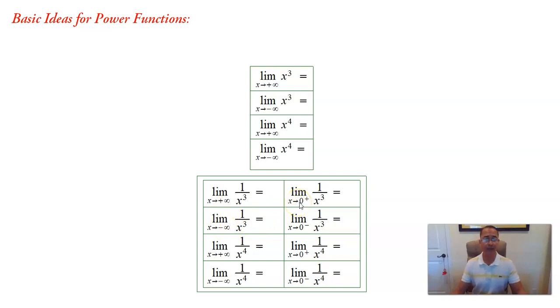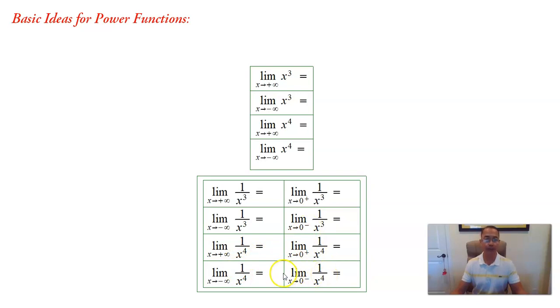This time getting smaller and smaller, and we will approach 0 from two different directions, from the right and from the left. Remember that that's what these symbols are about. They're not exponents. This says that we are approaching 0 from the positive direction and approaching 0 from the negative direction.